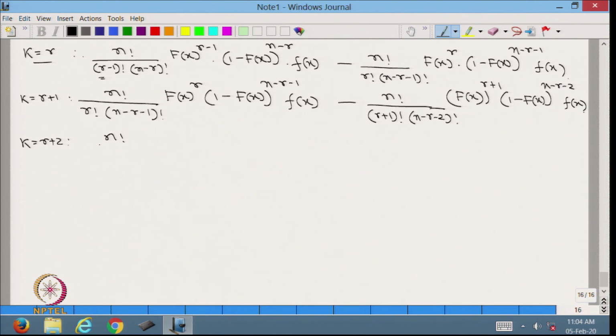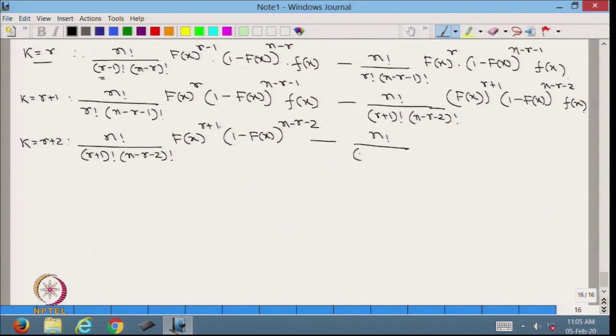This is going to be n factorial upon factorial r plus 1, factorial n minus r minus 2, F(x) to the power r plus 1 (1 minus F(x)) to the power n minus r minus 2, minus n factorial upon factorial r plus 2, factorial n minus r minus 3, F(x) to the power r plus 2 into (1 minus F(x)) to the power n minus r minus 3 into f(x).